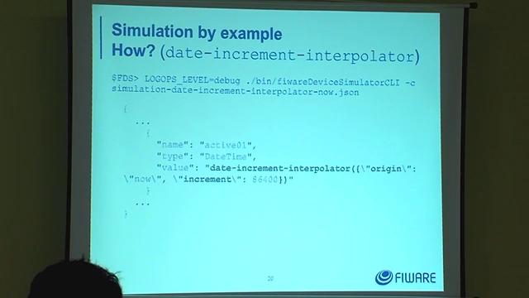The format is the one you can see on the screen: the name of the interpolator, parentheses, and some specification. In this case, we can specify an origin of time and an increment. In this case, for example, the value of the active O1 attribute will be set on each request to, I don't know if this is a year, those are 86,400 seconds.